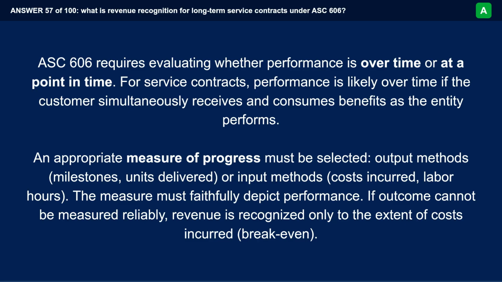An appropriate measure of progress must be selected. Output methods, milestones, units delivered, or input methods, costs incurred, labor hours. The measure must faithfully depict performance. If outcome cannot be measured reliably, revenue is recognized only to the extent of costs incurred, break even.